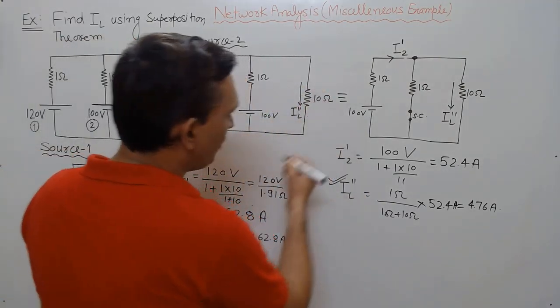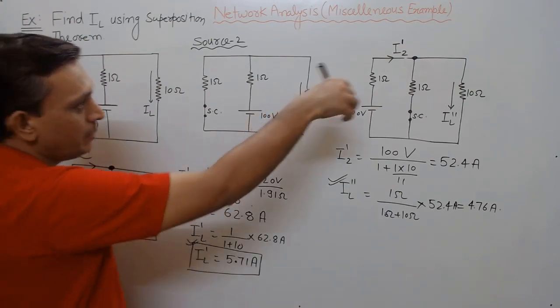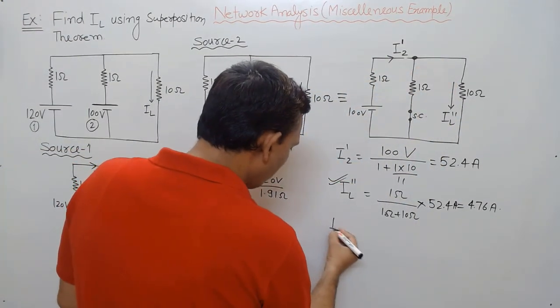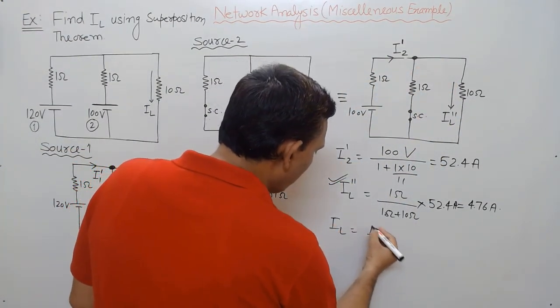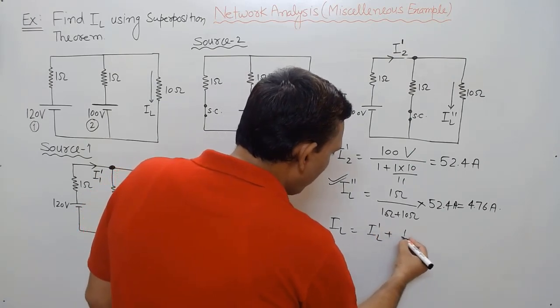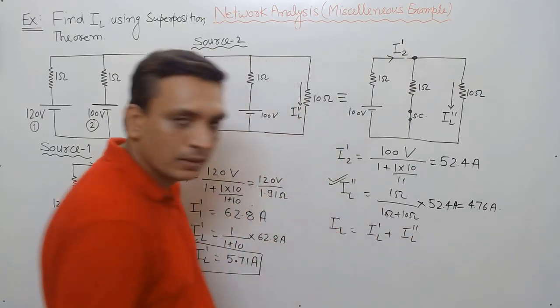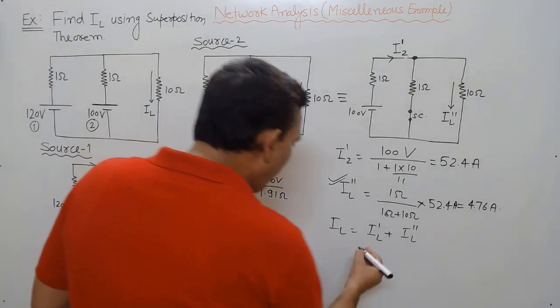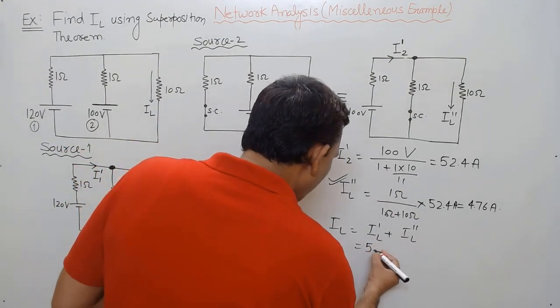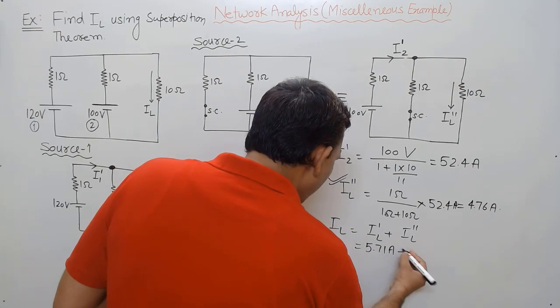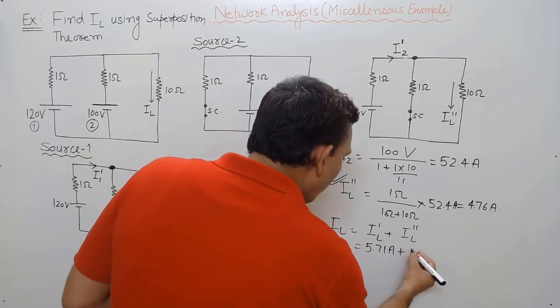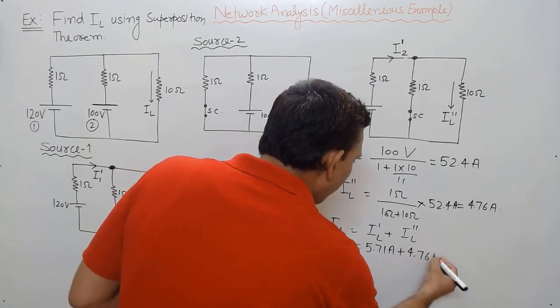So according to superposition, you can see the currents are in the same direction. So IL will be IL dash plus IL double dash. And what is IL dash? 5.71 ampere plus this is 4.76 ampere.